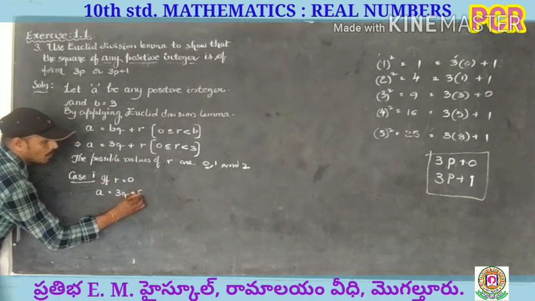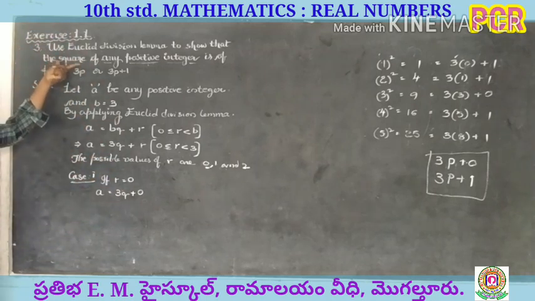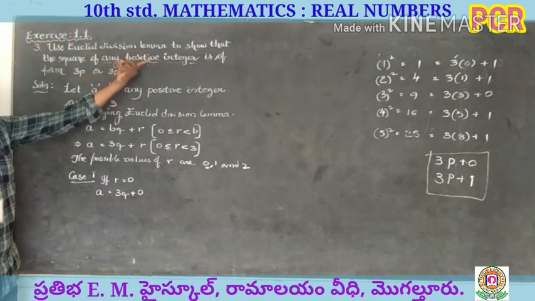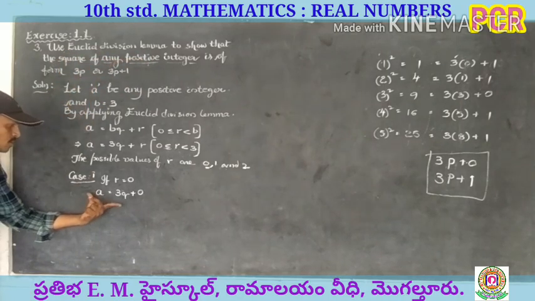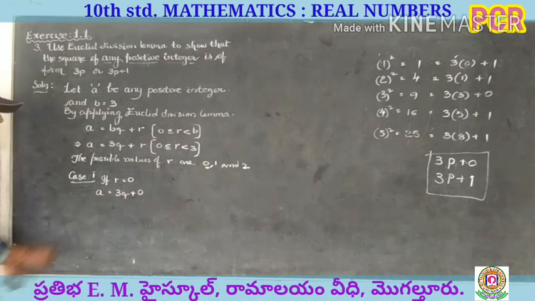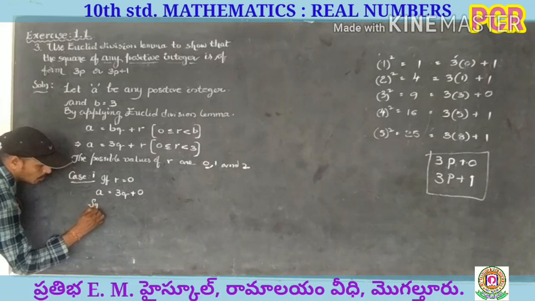But we have to find the form of the square of any positive integer, not only the positive integer. That means we have to square on both sides. Squaring on both sides.